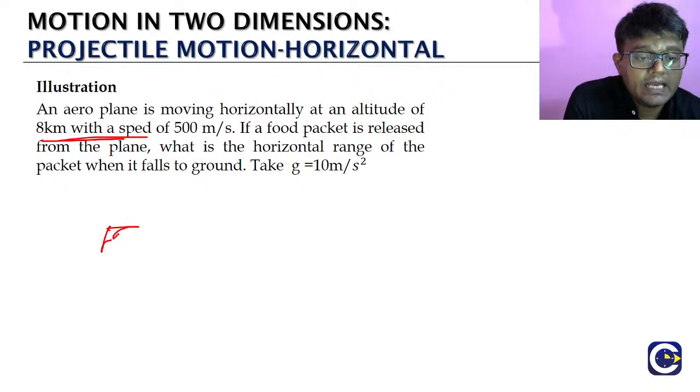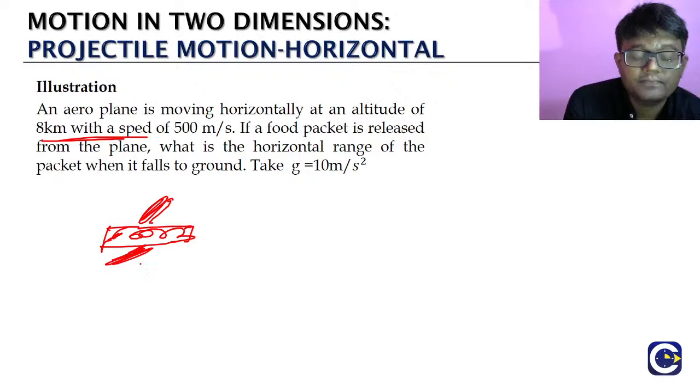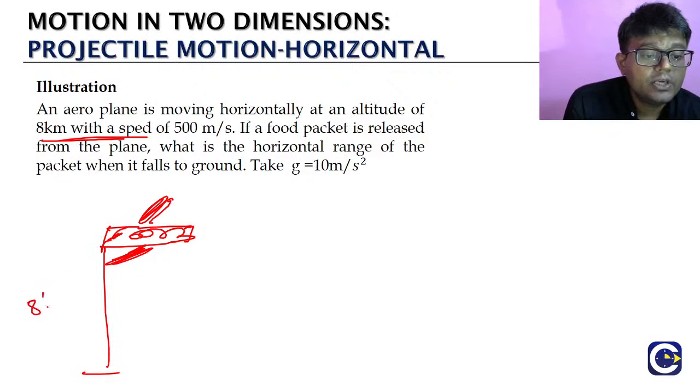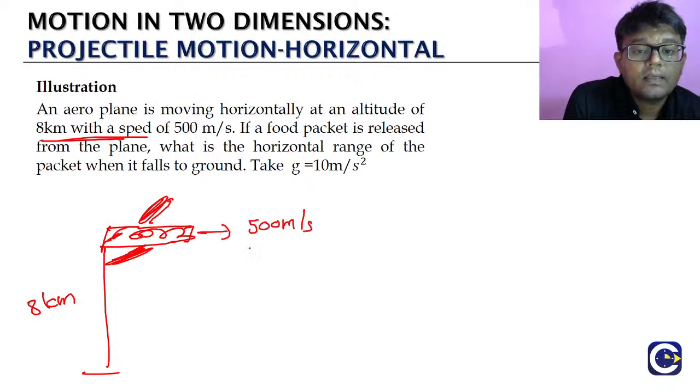It's not a good drawing, but nevertheless, we have an aeroplane flying at 8 kilometers, horizontally. The speed is 500 meters per second. If a food packet is released from the plane, we are just releasing it.